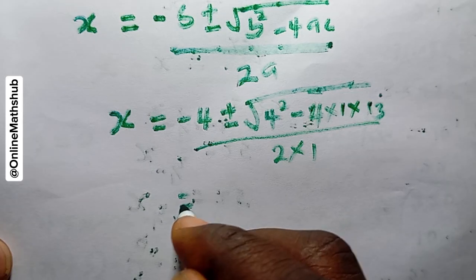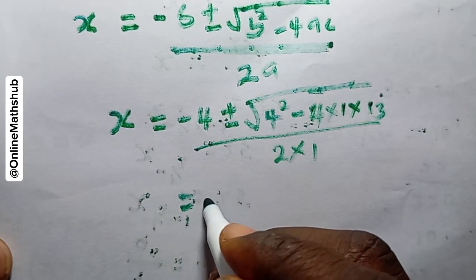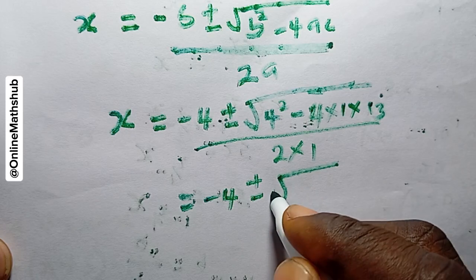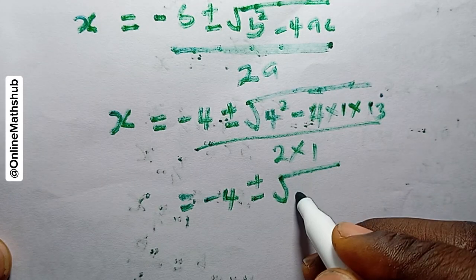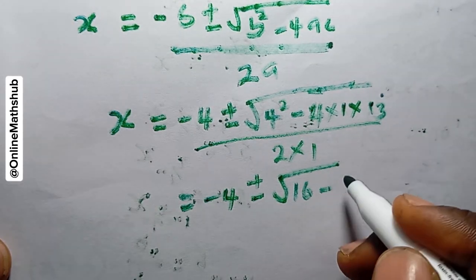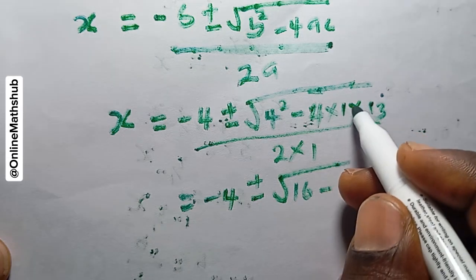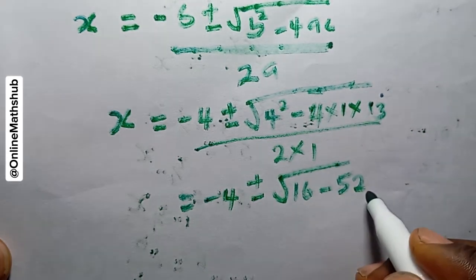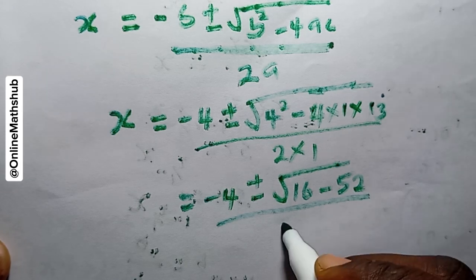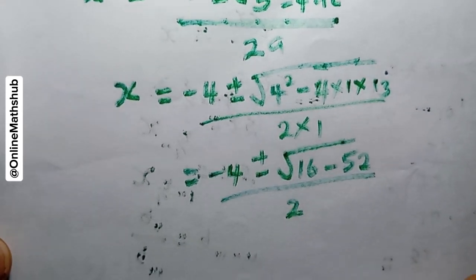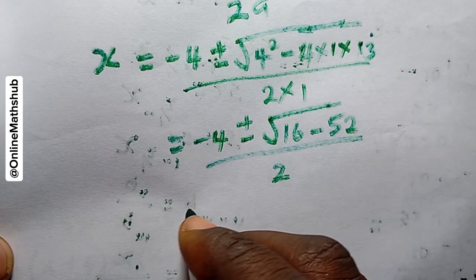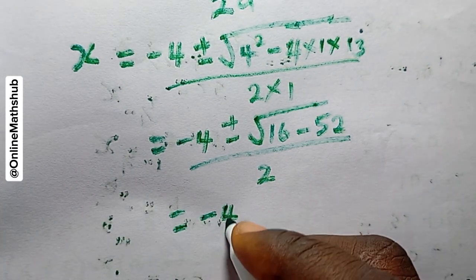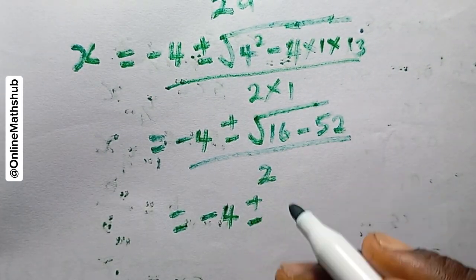This will be equal to minus 4 plus or minus the square root of 4 squared, which is 16, minus 4 times 1 times 13, which is 52, divided by 2 times 1, which is 2.